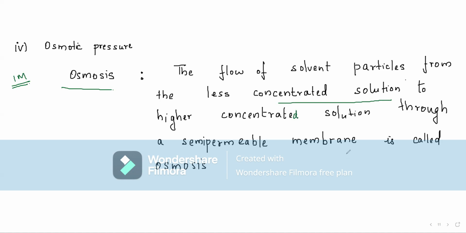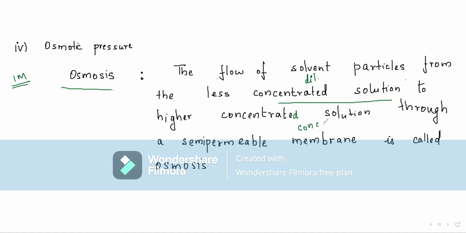What is the first point that we are noticing? A semi-permeable membrane is required for osmosis. Also, the solvent is flowing from the less concentrated solution, meaning the dilute solution, to the more concentrated solution.